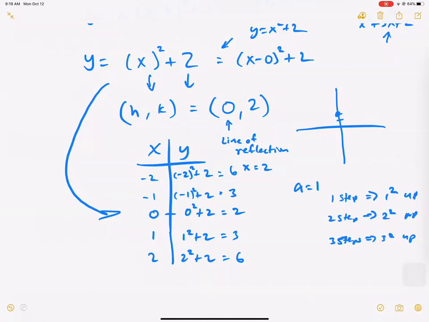So 1 step over, 1 step up. 2 steps over, 2 squared is 1, 2, 3, 4 steps up. Oops, miscounted that. 1, 2, 3, 4. 1 step over to my left, 1 squared is 1 step up. 2 steps over, 2 squared is 1, 2, 3, 4 steps up.